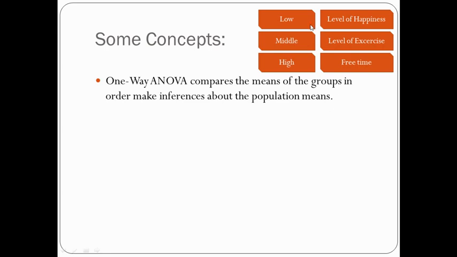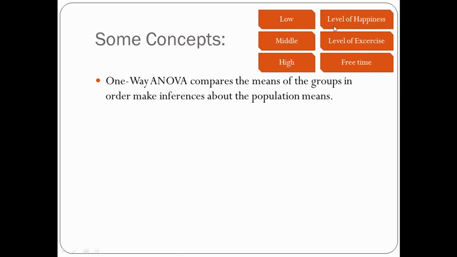So basically, let's say you collect data from 20 people from low income bracket, 20 people from middle income bracket, and 22 people from high income bracket. And therefore, in your research, there are 62 respondents in your study.